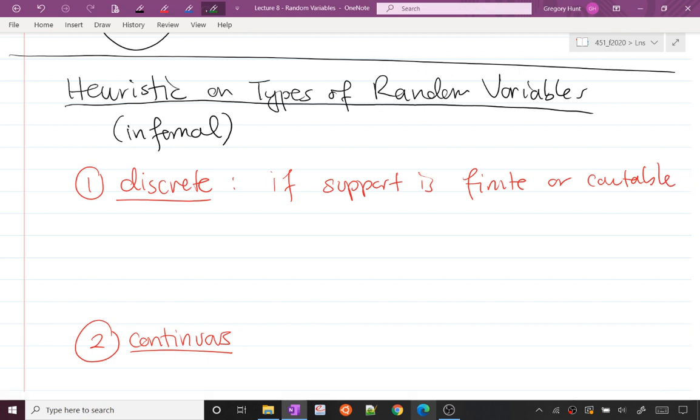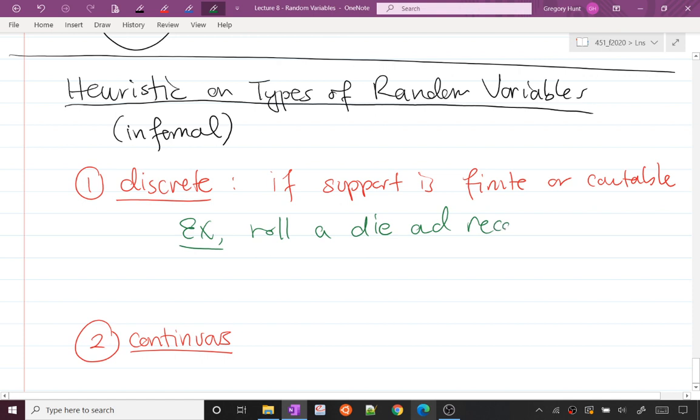Examples: coin flipping, or roll a die and record the outcome. The support of that is what? The numbers 1 through 6.